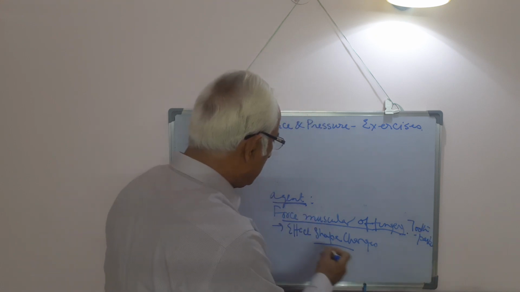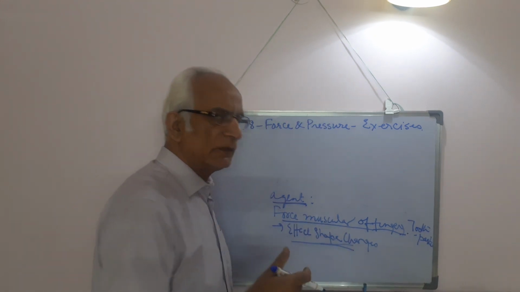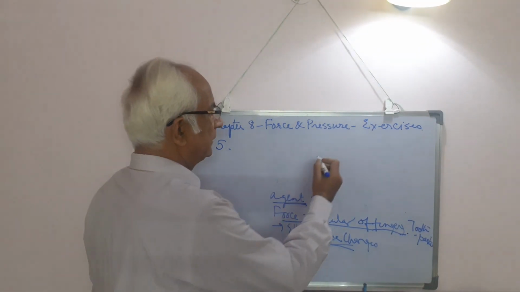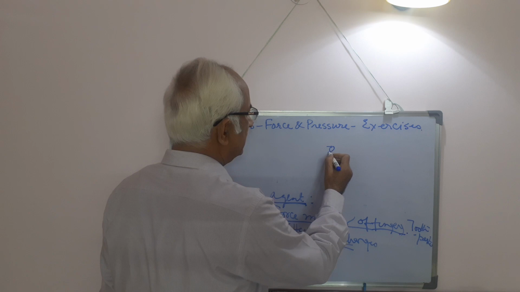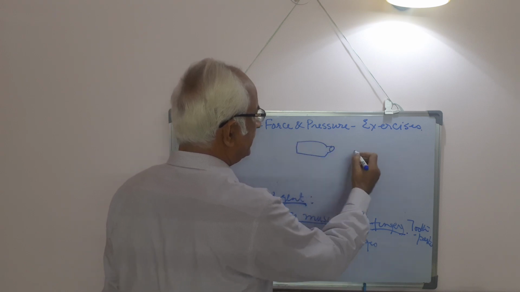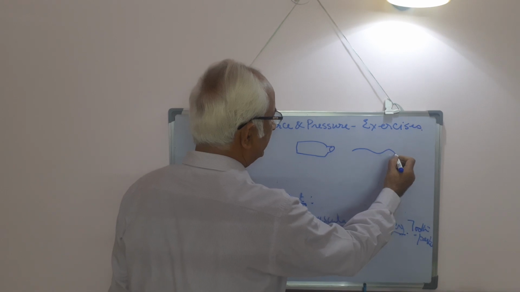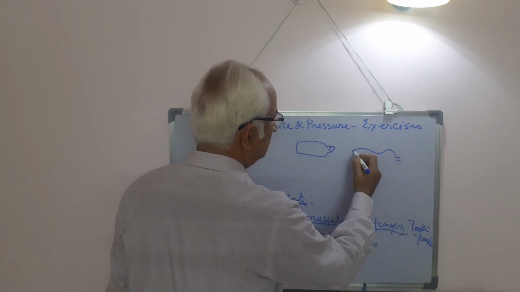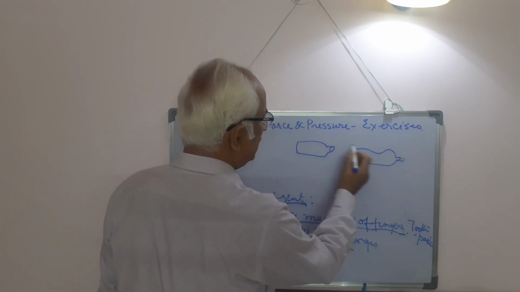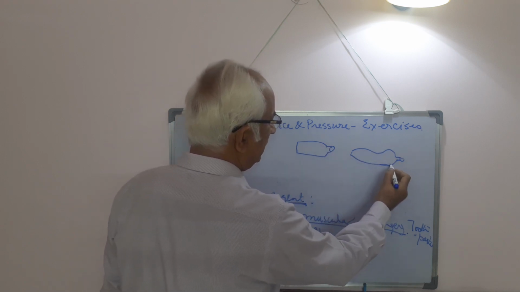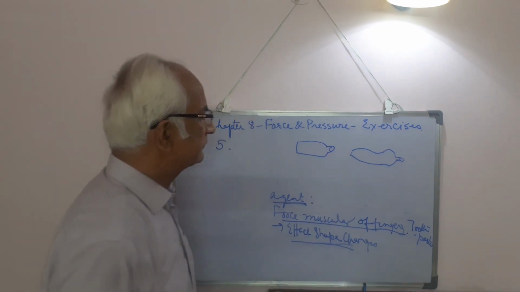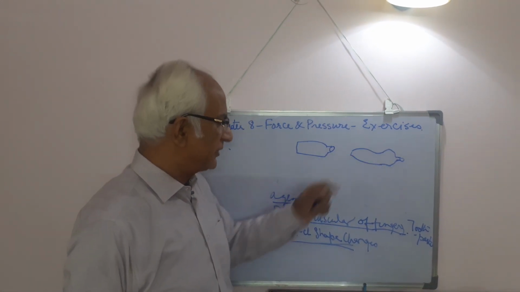The paste will come out and there is a change of shape of the toothpaste. Normally it is like this. When you press it, the shape might become like this. It will be pressed here, maybe pressed here also. So there is a change in shape when the paste comes out.